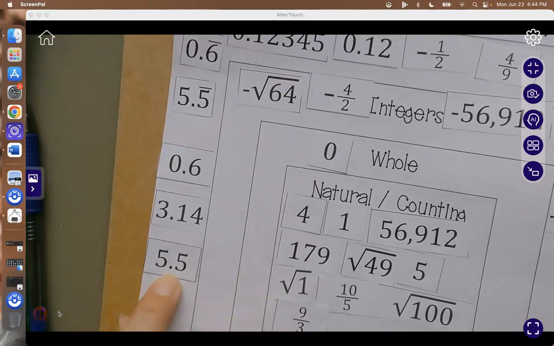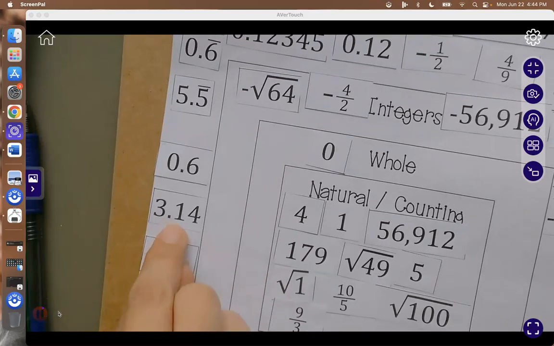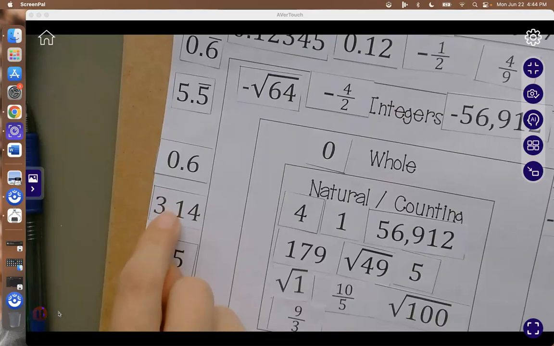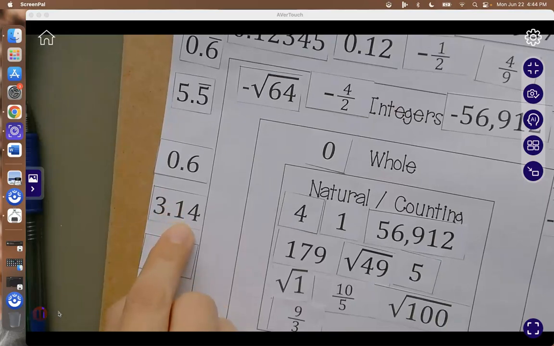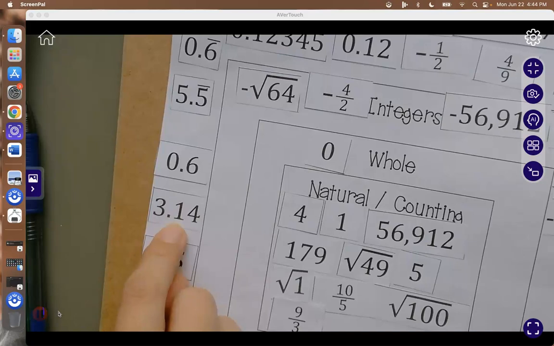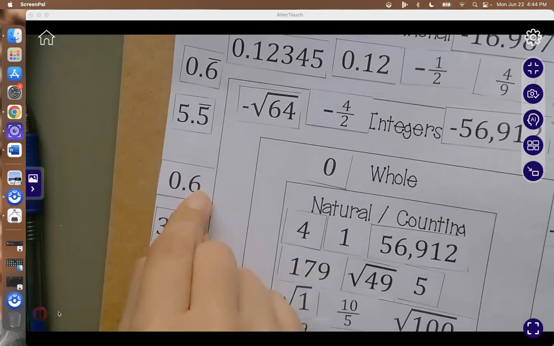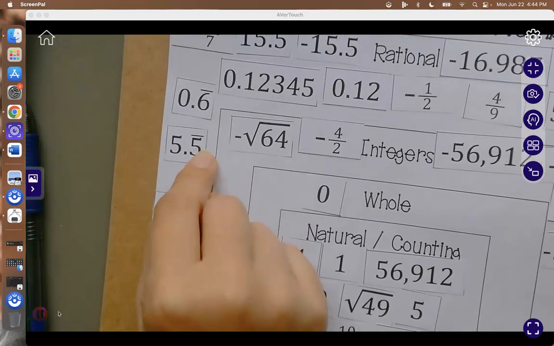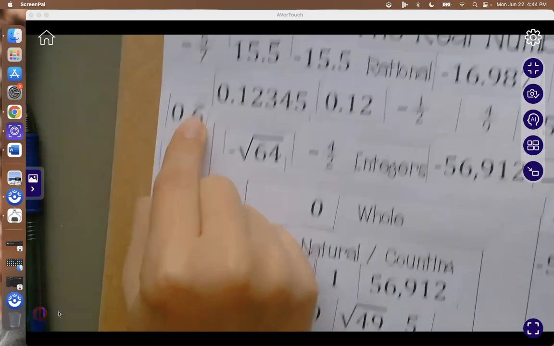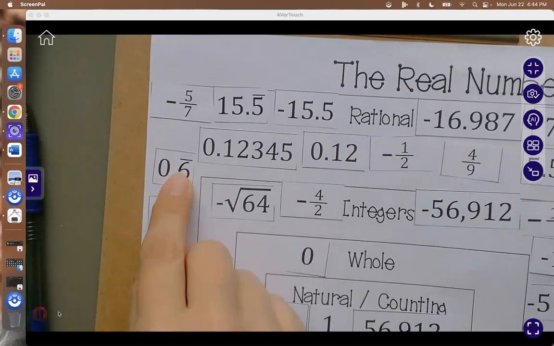Make sure you have 5.5 in this one. 3.14, be careful. It did not say going on and on and on forever. It's just 3.14. Done. 0.6, 5.5 repeating, 0.6 repeating. Okay?